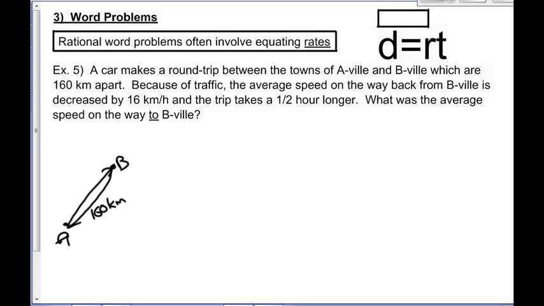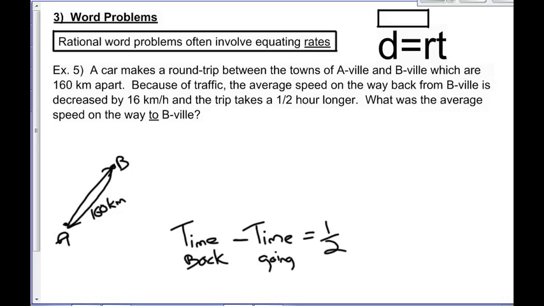So again, let's look at the basic equality here. It's saying that time on the way back is a half hour greater than time on the way there. So time back minus time going would be a half.